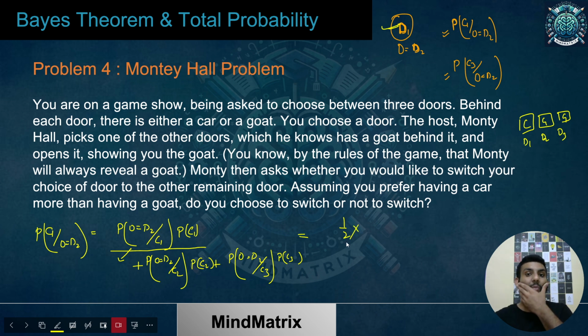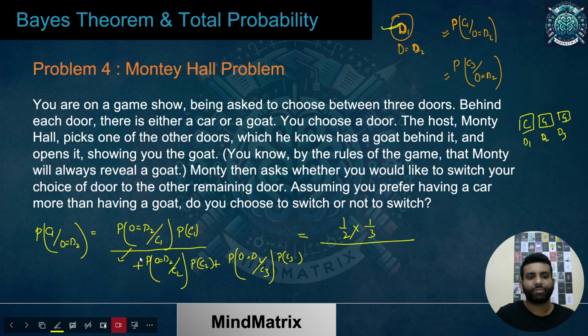Now, what is the probability that C1 is there? That means what is the probability of having a car behind door 1? That is 1 by 3, because the cases are equally likely. The car can be behind any of these doors. So P of C1 as well as P of C2 and P of C3 is 1 by 3.